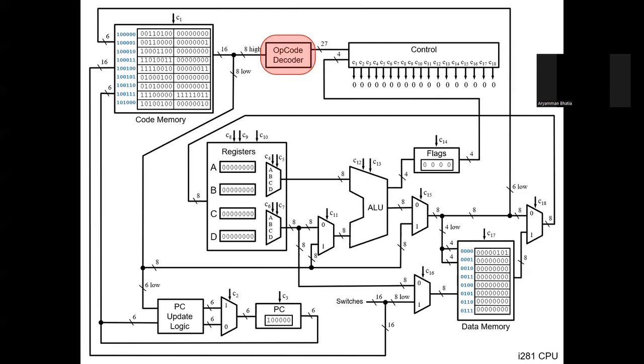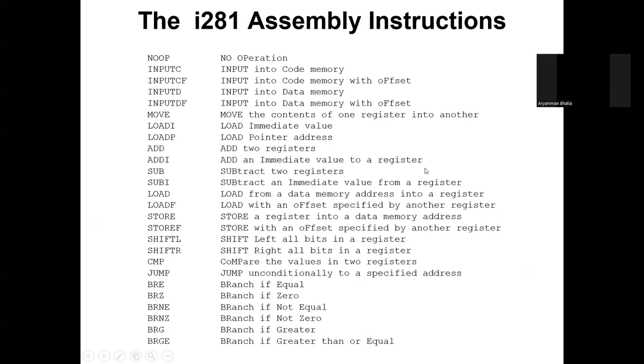So now we are going to get into the specifics of the opcode detector. These are the types of operations in the CPU. You can read through them, but here is an overview of some of them. There's either no operation, in which case you don't want to do anything.